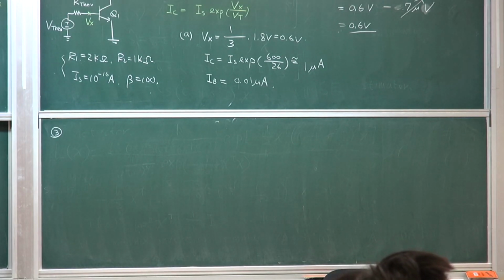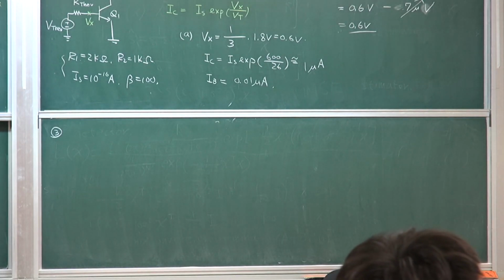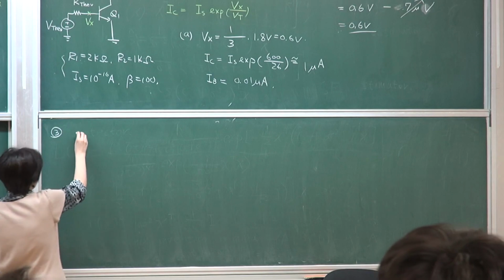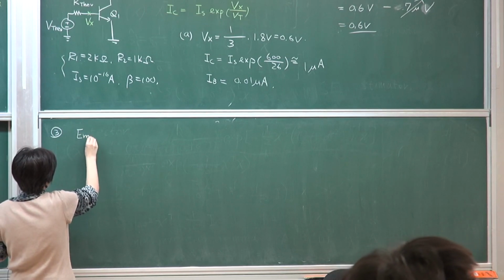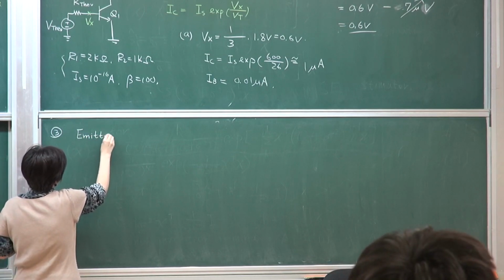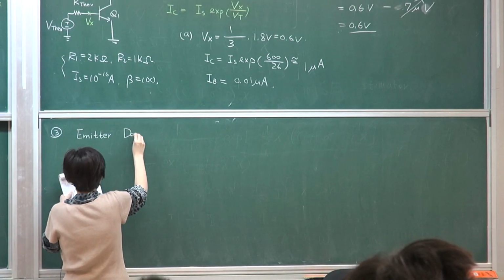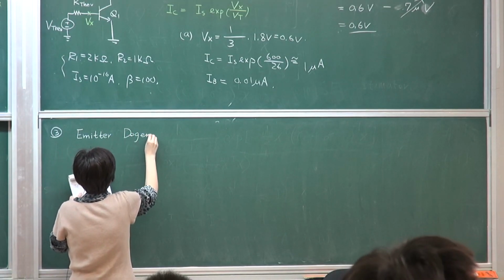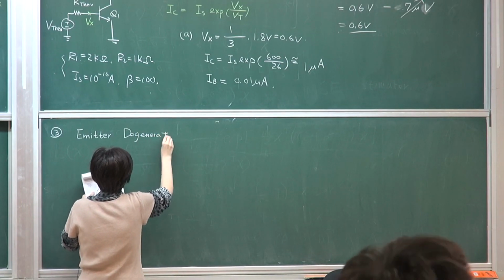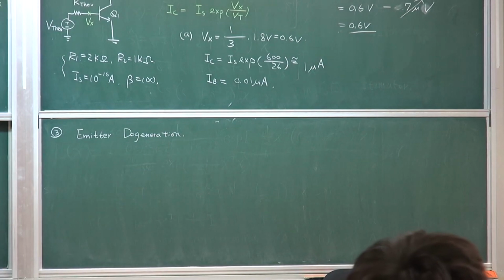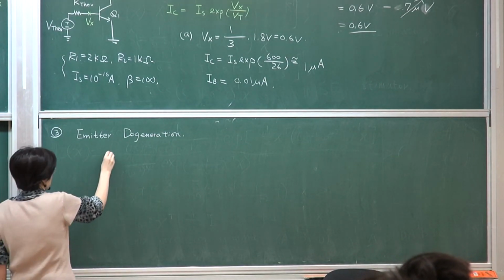So when we talk about how you can make your circuit more stable, less susceptible to changes in the environment, this structure is very often used in bipolar circuits. It's called the emitter degeneration circuit. It looks something like this.